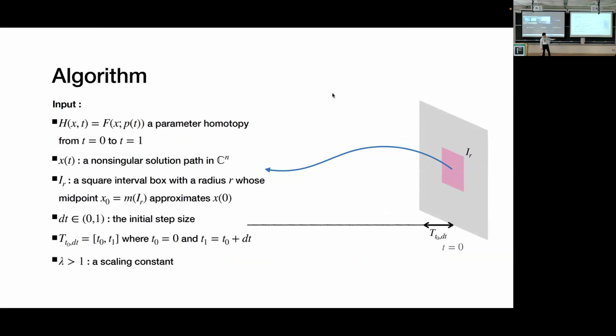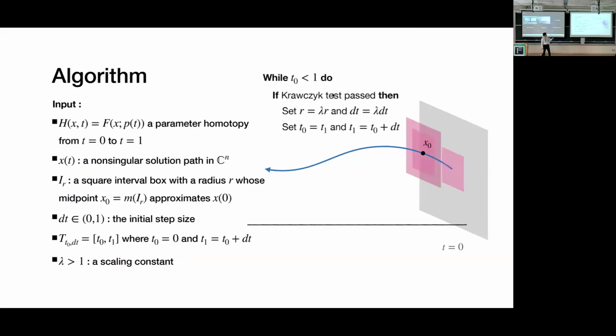And I will talk about this scaling constant really soon. But anyway, we will construct this tilted box. And then we will apply the Krawczyk method here. If the Krawczyk test was successful, then we multiply by lambda in order to increase the radius of the interval and the time step.